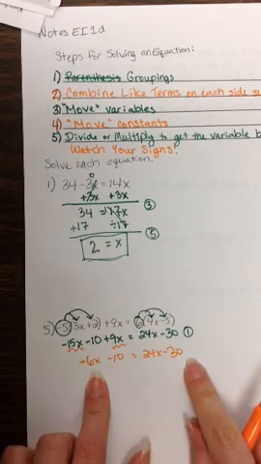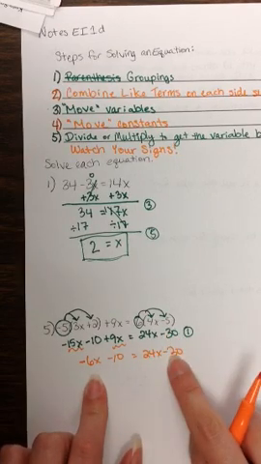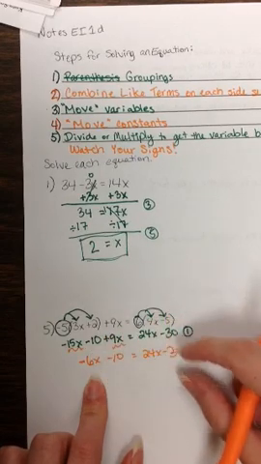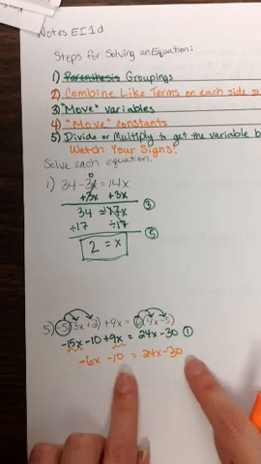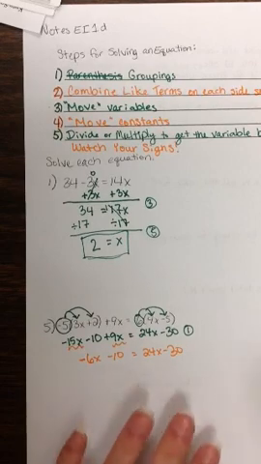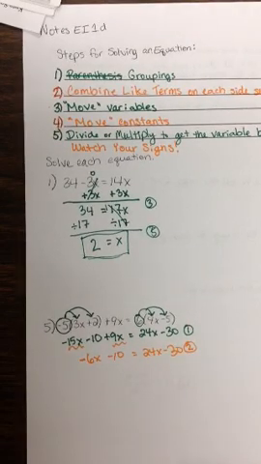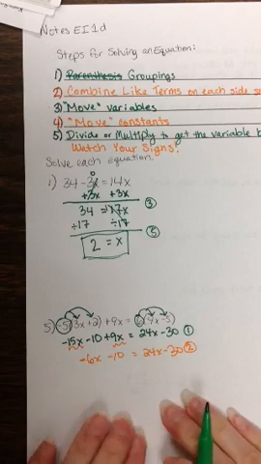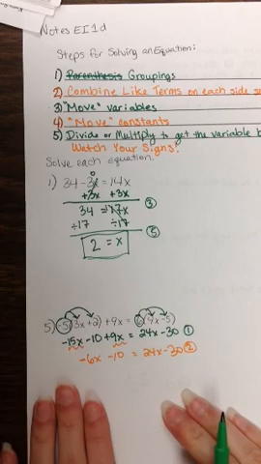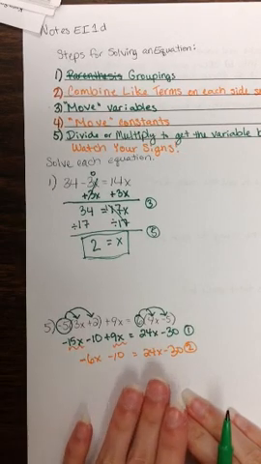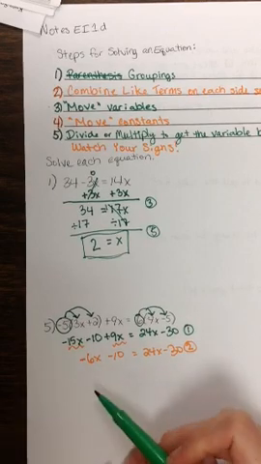It's really important that you keep re-showing your work at what's left of your equation each time so you don't lose track of something that you still need to take care of. So that was step 2. Step 3, I'm going to move all of my variables onto one side and all of my constants onto the other.